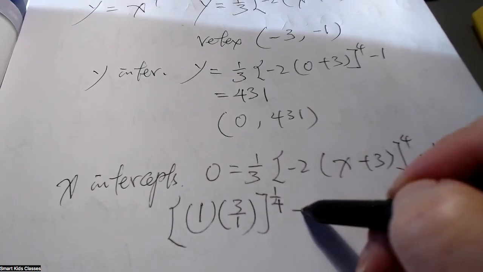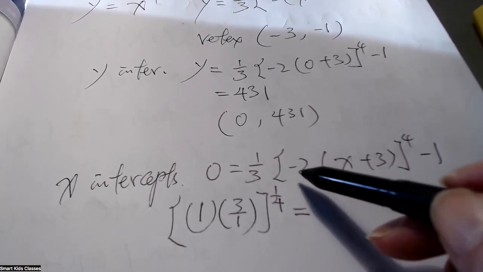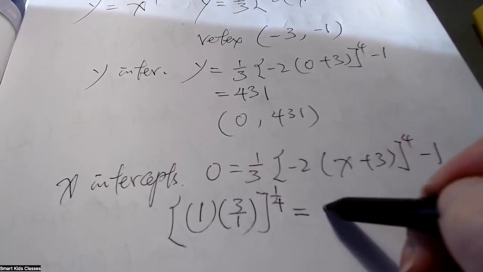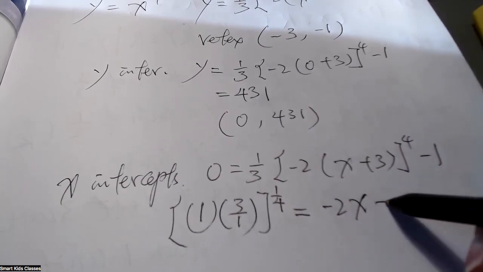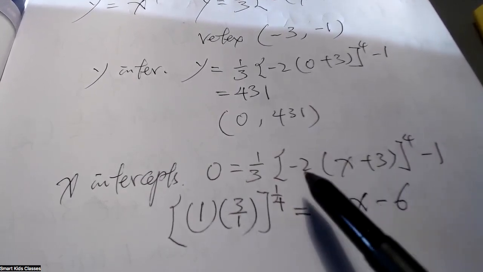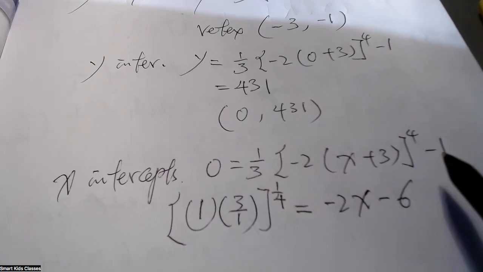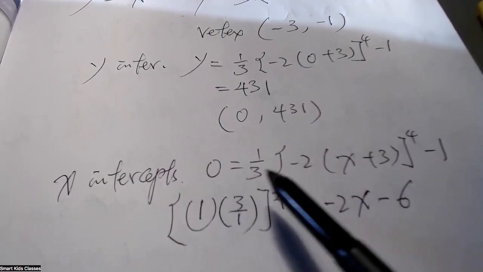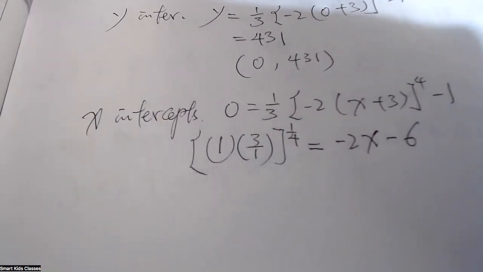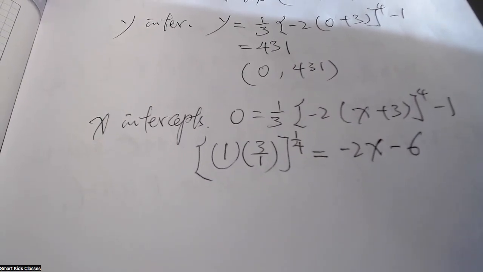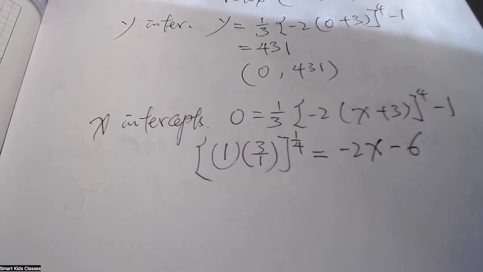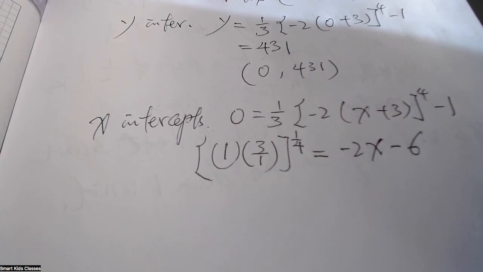Now we're going to put this side: this side is going to be -2x and then -6. So with distribution, we solve the bracket. Now we solve 3 exponent 4. So let's see what this side equals.